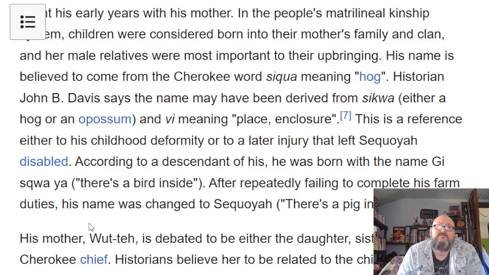This is a reference either to his childhood deformity, which was mentioned in the first article we read, that according to a descendant of his, he was born with the name Sequoyah, there's a bird inside, but after repeatedly failing to complete his farm duties, apparently it was changed to Sequoyah, there's a pig inside. The first article said he was named Pigsfoot. So, yeah, it has something to do likely with pig. And apparently he had an issue with his leg. It was either a child deformity or a later injury that left him disabled.